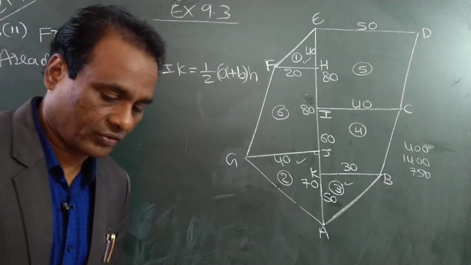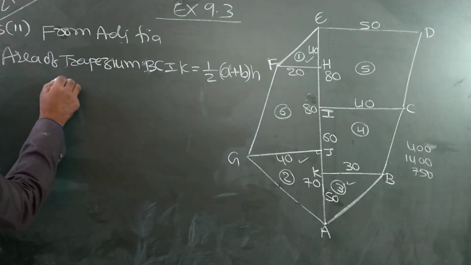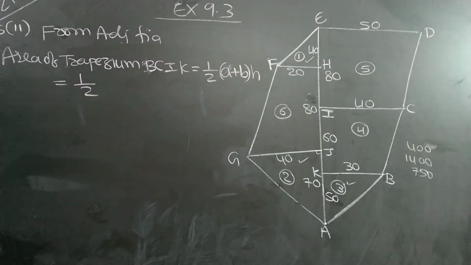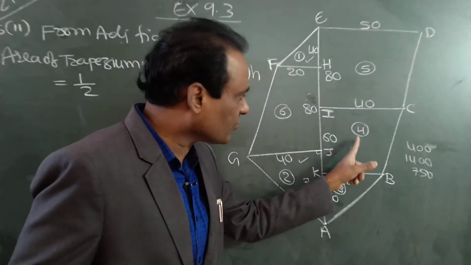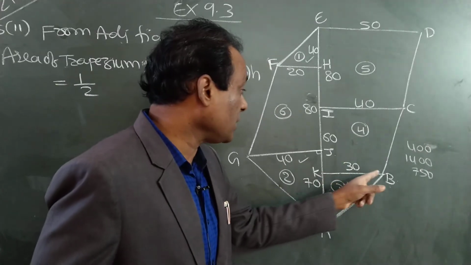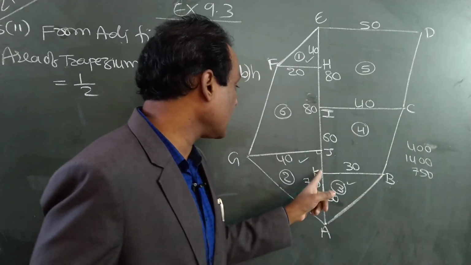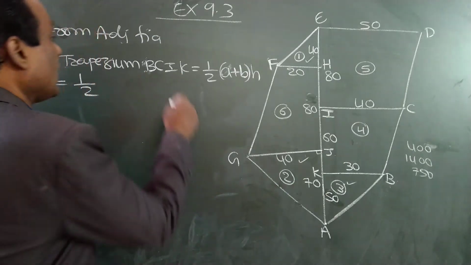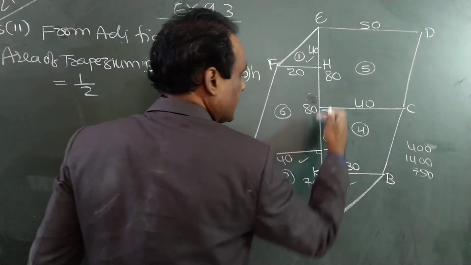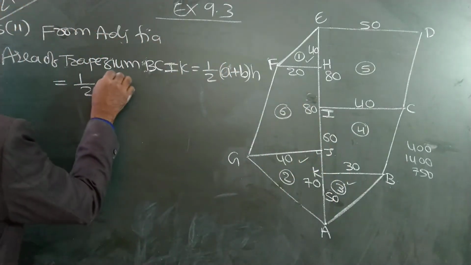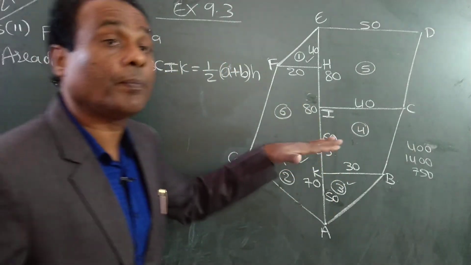Now look at this. Forget about the total diagram. Concentrate only on this four-sided figure, trapezium BCIK. Half of A plus B means the sum of the parallel sides. Which sides are parallel? These two are parallel. One is A, one is B: A 30, B 40 or A 40, B 30. A plus B means sum of the parallel sides.